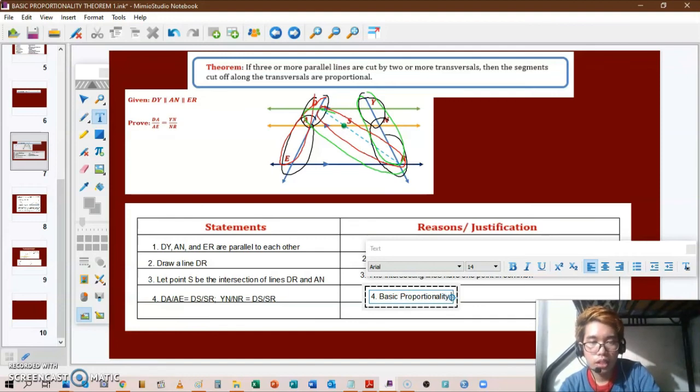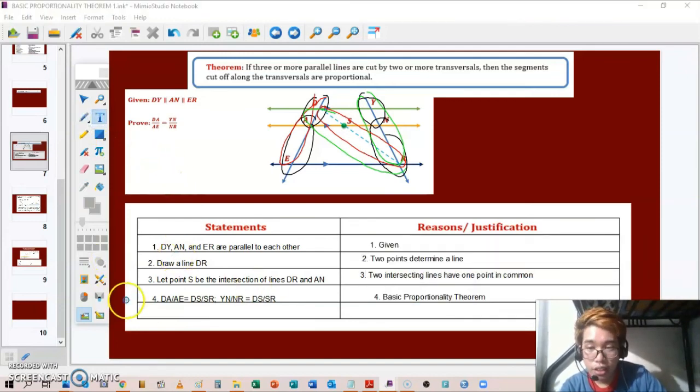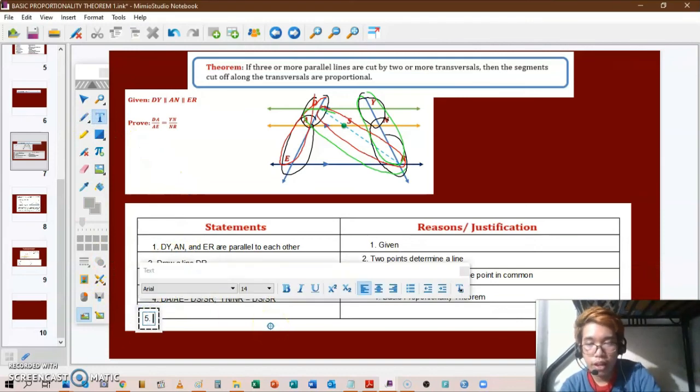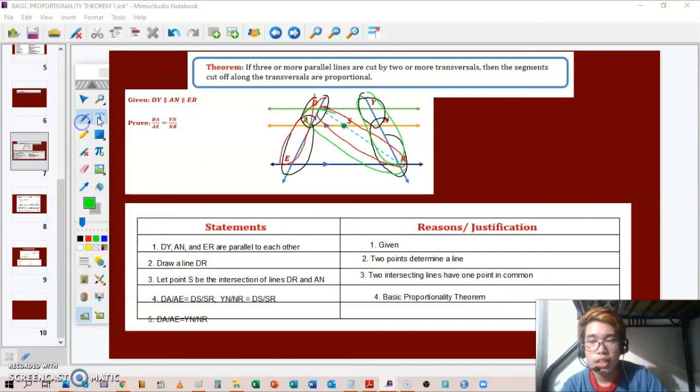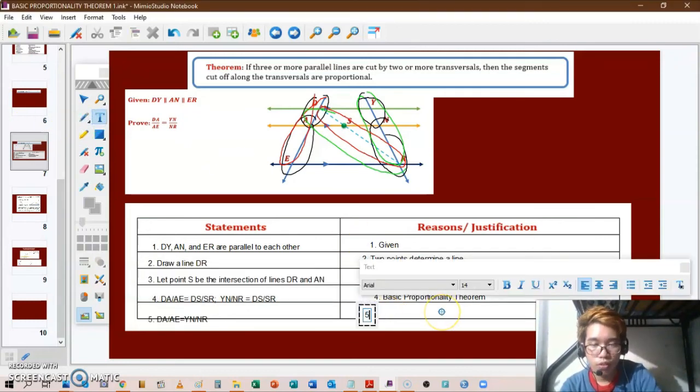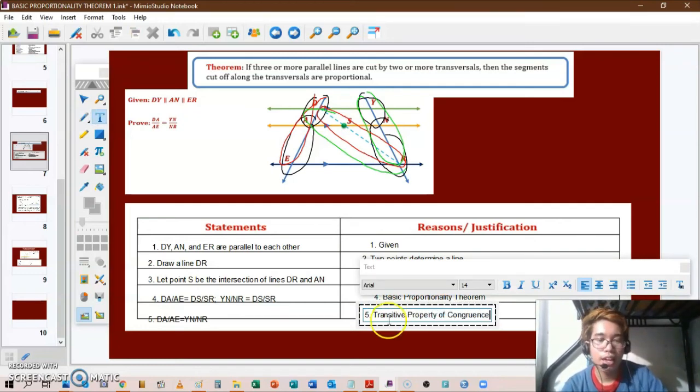Therefore, finally on number 5, DA over AE is equal to YN over NR, of course using the transitive property of congruence.